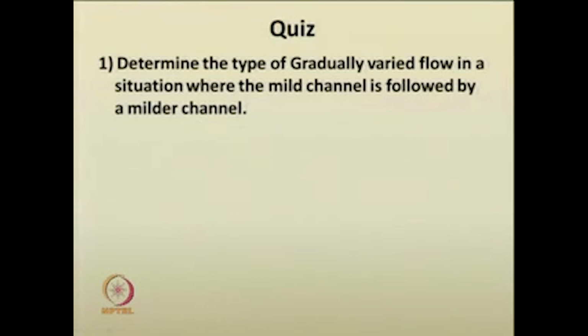So, the solutions for today's quiz. The first question is very simple and straightforward. You are asked to determine the flow profile in a situation of a mild channel followed by a further milder channel. You have the critical depth the same for both. The normal depth in the mild channel is less than the normal depth in the milder channel.